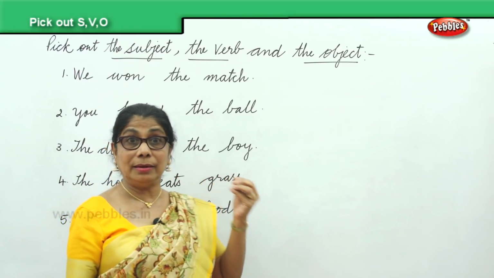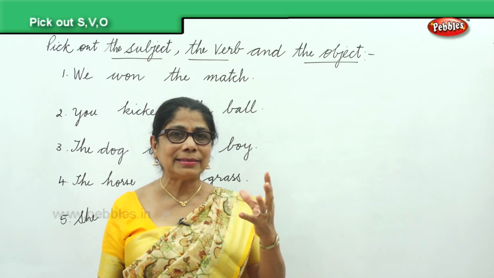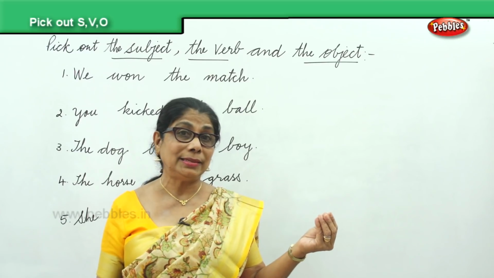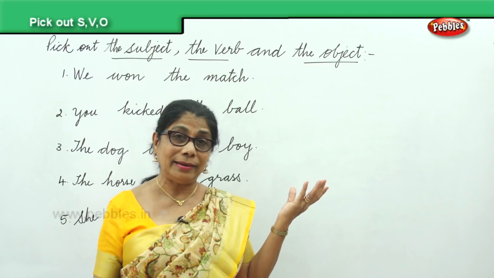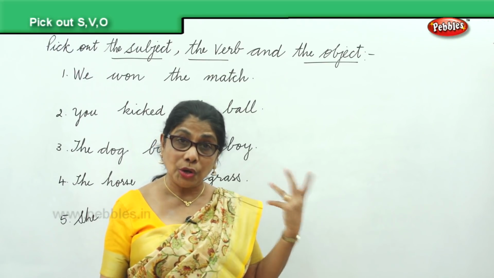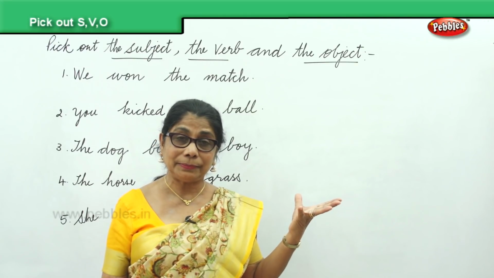As we learned earlier, the subject normally begins the sentence. The verb follows the subject. And finally, at the end, you will find the object. What has the subject done to the object, whether picking or breaking or kicking, whatever it is.